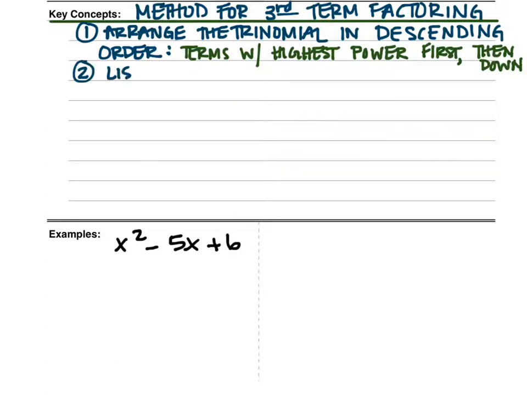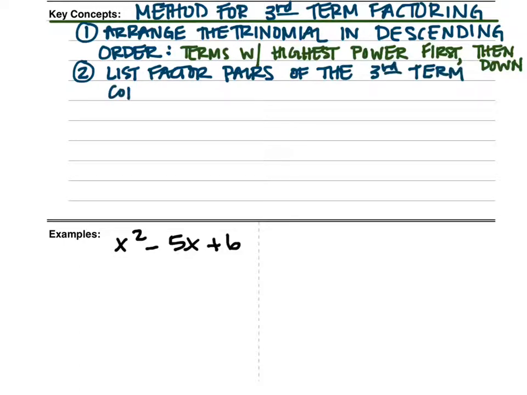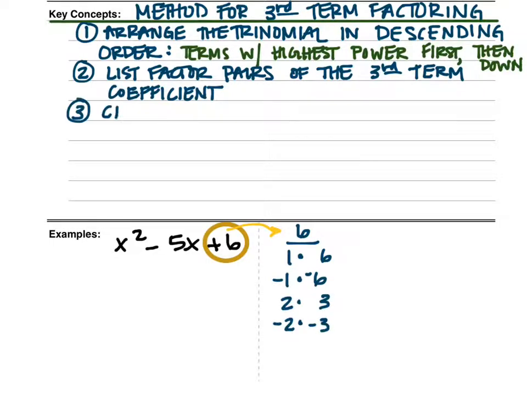So let's do number 2. Step 2 asks us to list factor pairs of the third term coefficient. Those factor pairs are things that multiply to that third term coefficient. So we're looking at that 6. Oops, let's hold on, we're a little fast here.